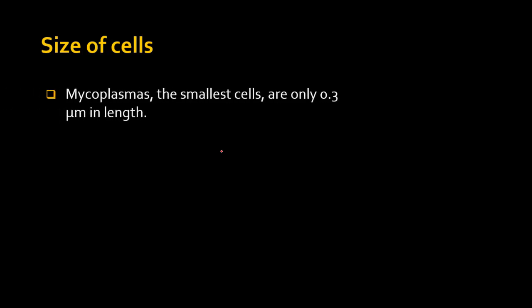Now mycoplasma, the smallest cells, are only 0.3 micrometer in length. So they are as small as 0.3 micrometer in length, and mycoplasma, actually they are the smallest free living bacteria.